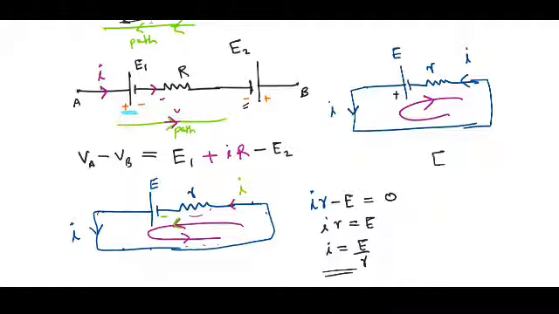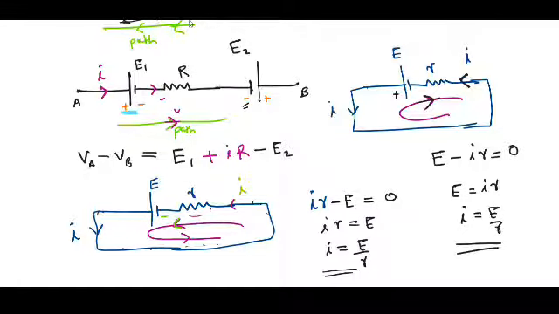Therefore, this will be plus E. Then the current is towards the left, but the path that we consider is towards the right. Both are in opposite directions. Therefore, put a minus sign. The voltage developed across R is IR, that is equal to 0. That is, E is equal to I into R, I is equal to E by R.